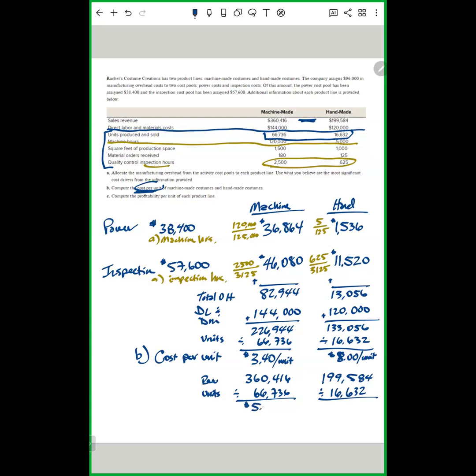We'll call that $5.40 per unit. And then the 199,584 divided by 16,632 is $12 per unit.